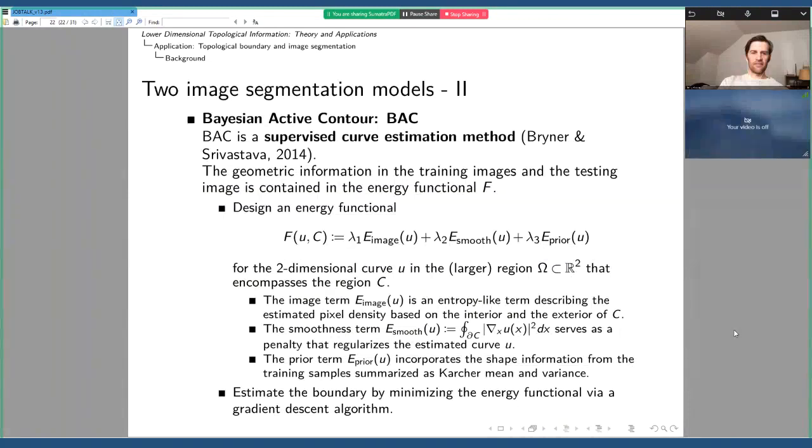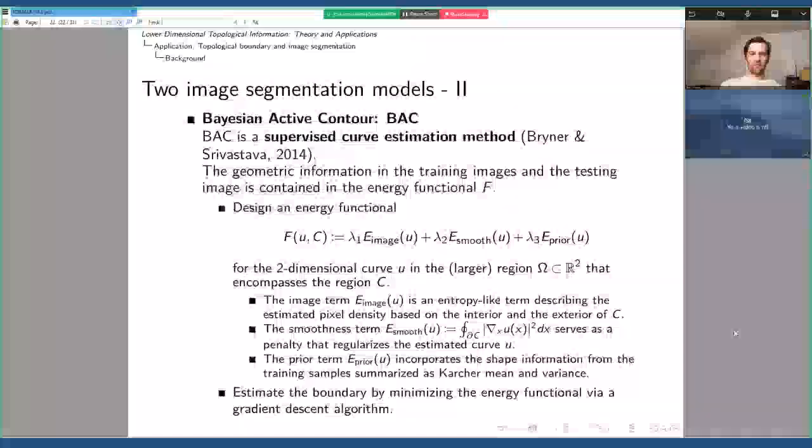Quite different from the TOP method, the Bayesian active contour method treats the image segmentation problem as a curve estimation problem, and it's also supervised. The simple idea of this BAC method is that it's basically estimating the boundary by minimizing an energy functional that relates to the boundary as well as the picture.